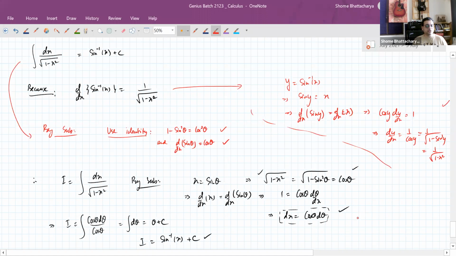This is the inverse process of what we're doing here. Okay, so just make sure you understood the steps in this. Let me know if there's any doubt.